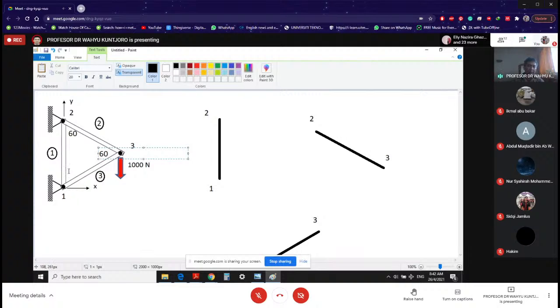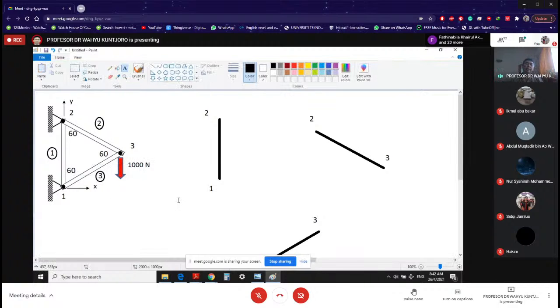And over here, you have also 60. So based on this information, which I have explained to you before the quiz, you know the angle. Let's go to element number 1 first. Your question is element 1 and 3, the orientation angle.